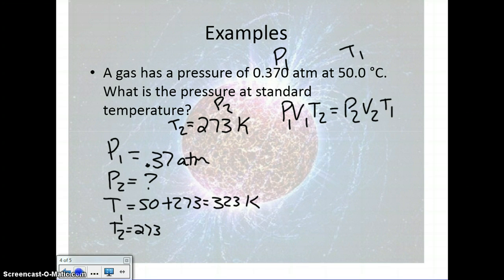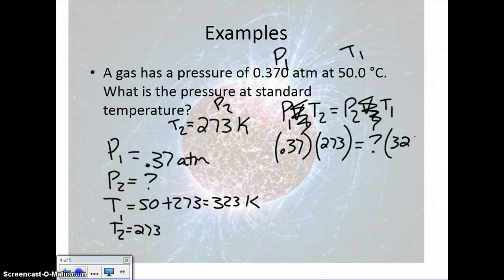Okay, and we don't have any volumes, so we could just scratch out our V's. We got P1 T2 equal P2 T1, so P1 was 0.37, T2 is 273, and P2, we don't know that one yet, and then T1 is 323.